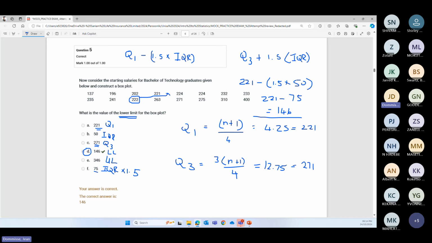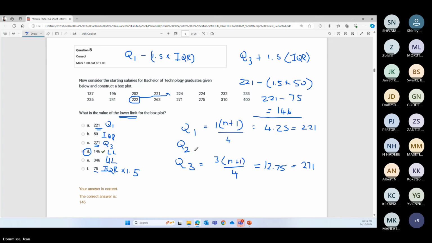Yes, I see two hands, so please ask. Just want to clarify the formulas for the quartile calculation. It's n plus 1 divided by 4, not n minus 1 divided by 4. I think I made a mistake in the calculations. Yeah, so Q1 is always 1 times (n plus 1) divided by 4.